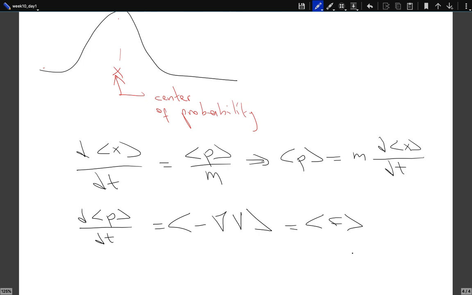So in a sense, classical mechanics is still contained in quantum mechanics through the expectation values. What does classical mechanics tell us? It tells us that the momentum is mass times the velocity, the time dependence of position, and the rate of change of the momentum is equal to the force.